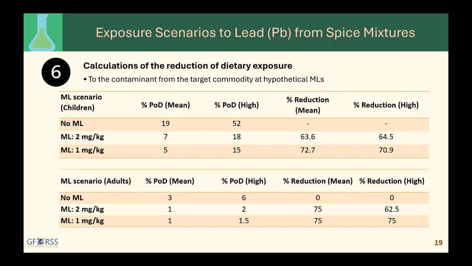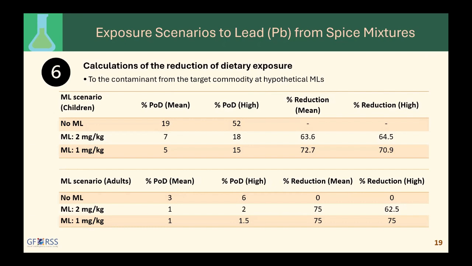So if I don't have an ML, again, I'm not rejecting anything. I'm consuming everything. And I'm exposing my consumers, or spice mixtures are contributing 19% of the value of my POD. Again, my POD is my threshold value. I should never go above it. Otherwise, I will have a toxicological response.